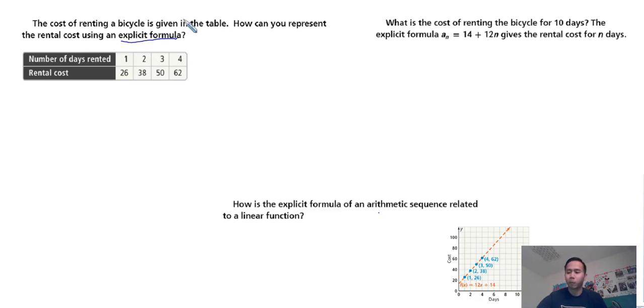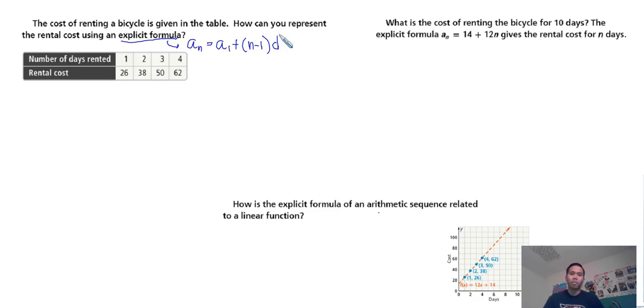The explicit formula for an arithmetic sequence is a sub n equal to the first term, a1, plus n minus 1 multiplied by the common difference.